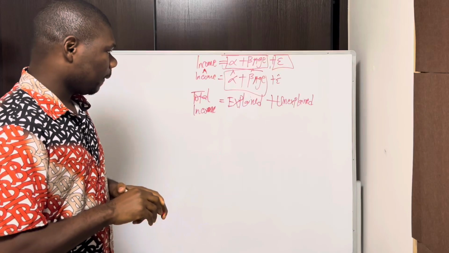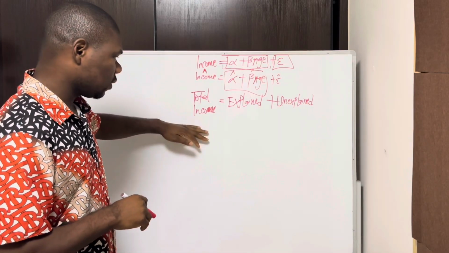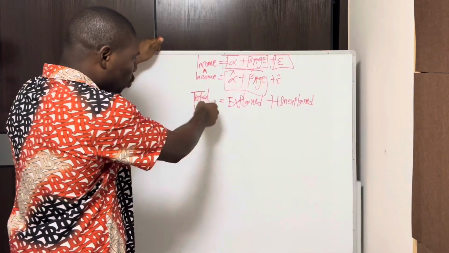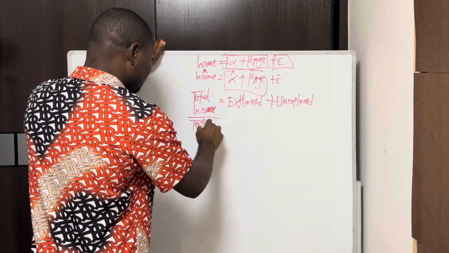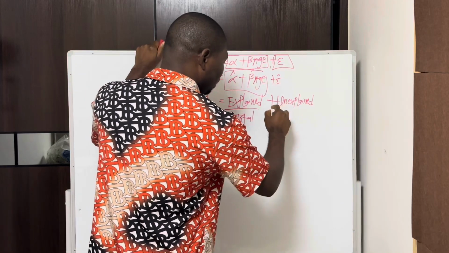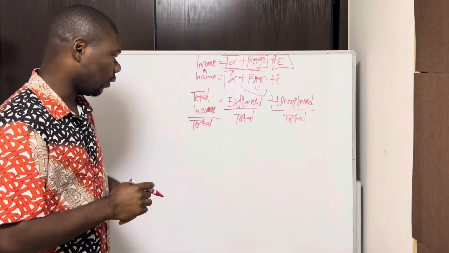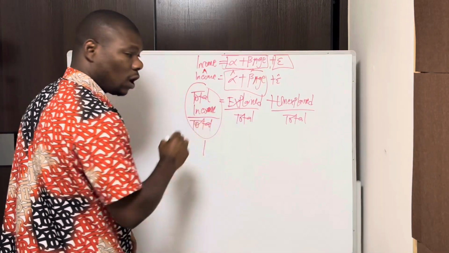So what I'm going to do now is use the total to divide both sides. We have the total change in income here, so I'm also going to divide by the same total change in income. It means this whole part becomes just a 1.